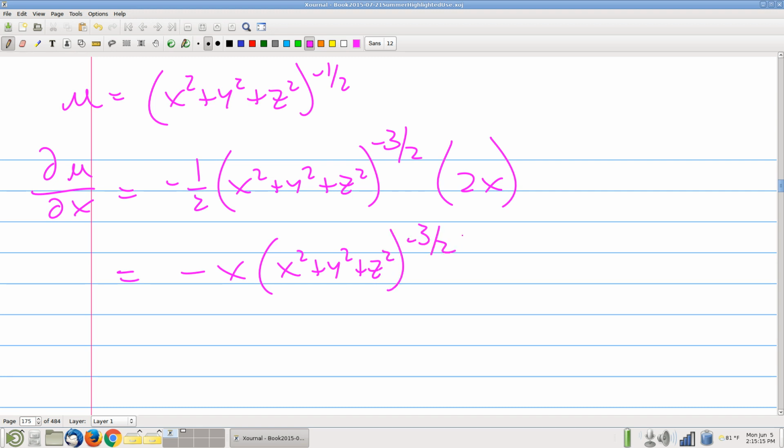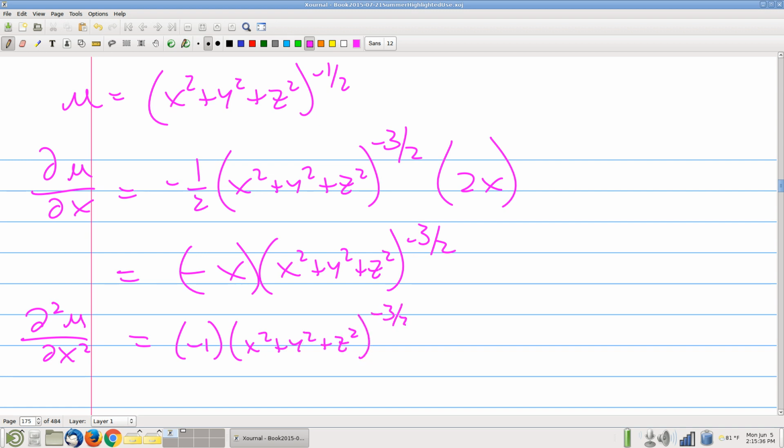Okay. Alright, now let's take the x partial of that. Sadly, we have to use the product rule. Right? So, negative 1 times all of this. And then plus, well, now let's see here, negative x.